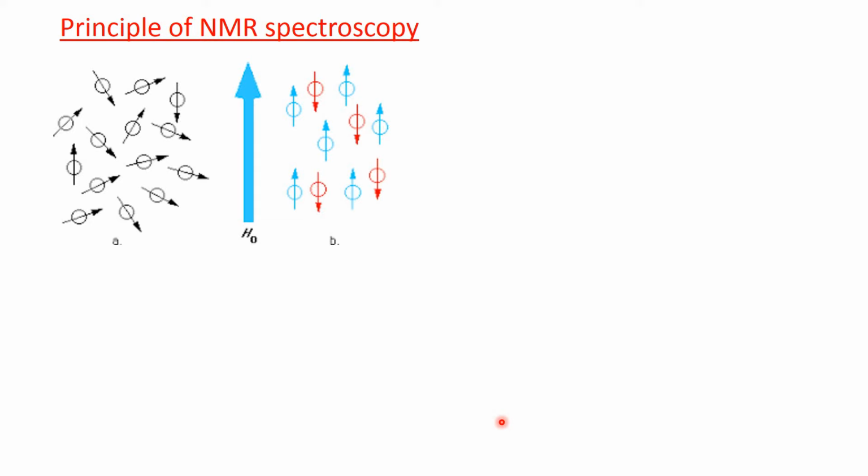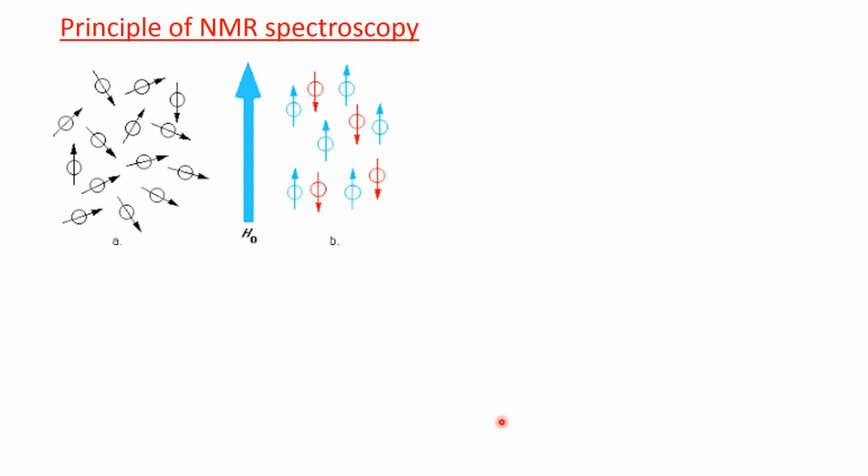Suppose spin number is half, then these magnetic nuclei can take any one of the 2I plus 1 number of orientations, that means 2 into half plus 1, that means only 2 orientations. And the number of orientations is 2I plus 1.